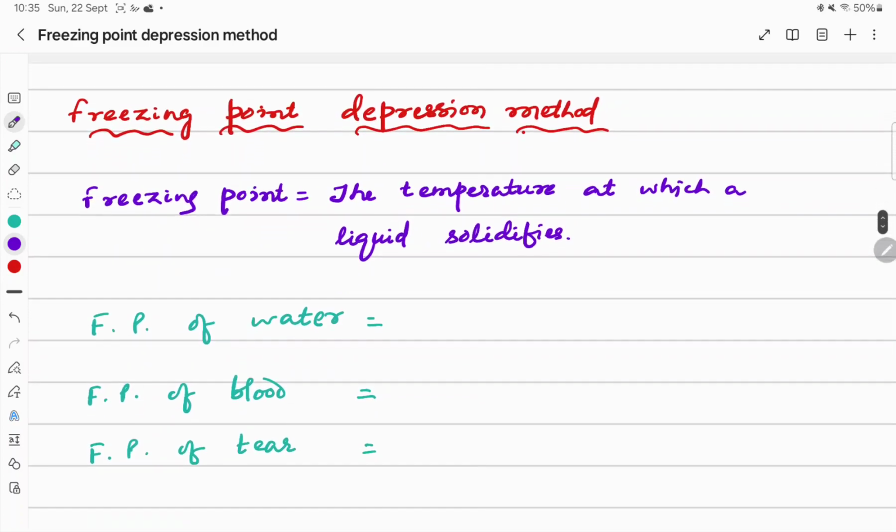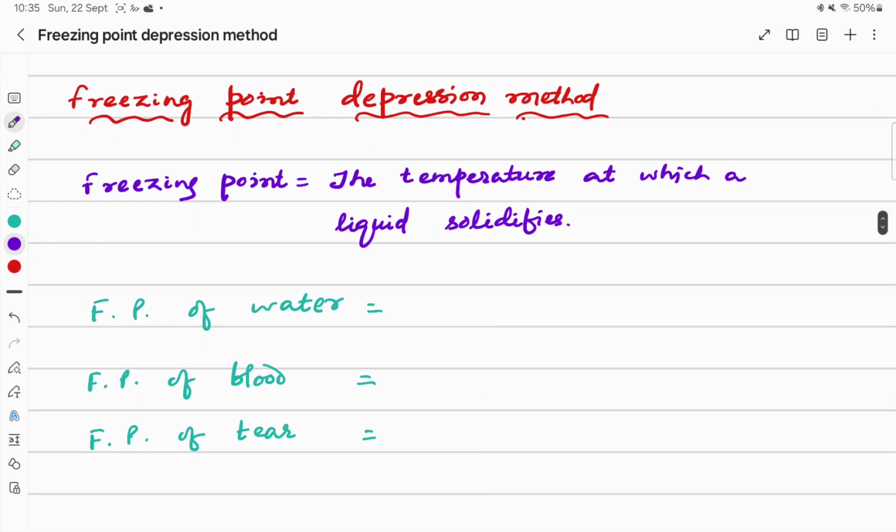So freezing point, what is the freezing point? The temperature at which a liquid solidifies or freezes is called the freezing point. And we know freezing point of water is 0 degrees Celsius. And freezing point of blood is minus 0.52 degrees Celsius.